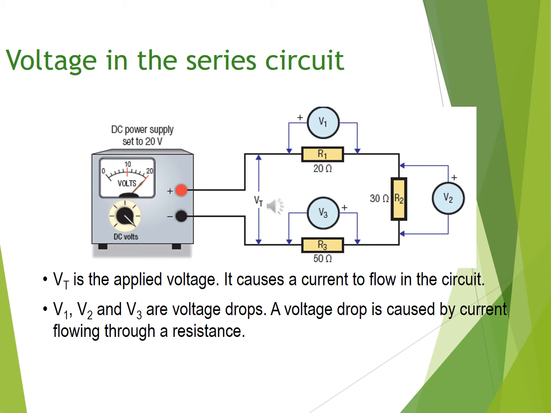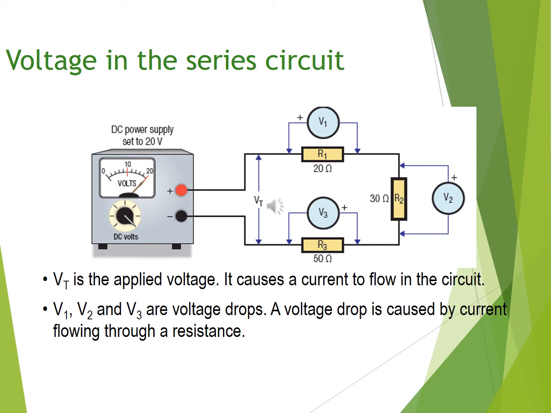the applied voltage. I guess if we think of water flow, the 20 volts being the applied voltage, you could think that there is water flow at a pressure of 20 volts which is flowing through R1, R2 and R3, because the current in a series circuit is constant.